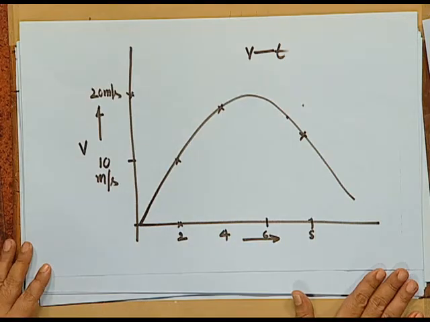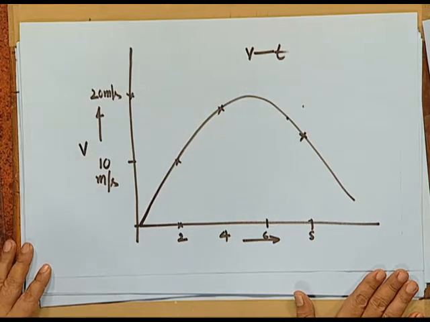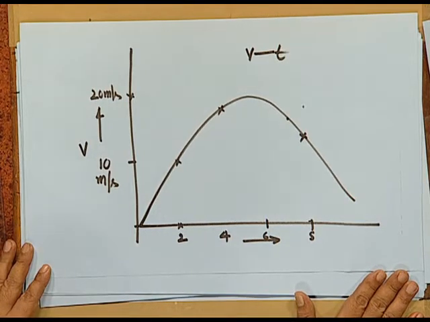So, for an object moving in a straight line path we will consider the velocity variation with time. Look at this graph which I have presented, which shows the variation of velocity with respect to time. We will discuss the variation of velocity with respect to time in the next session, with the idea of what is meant by acceleration of an object moving in a straight line.